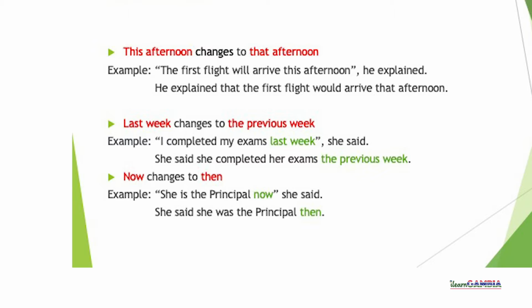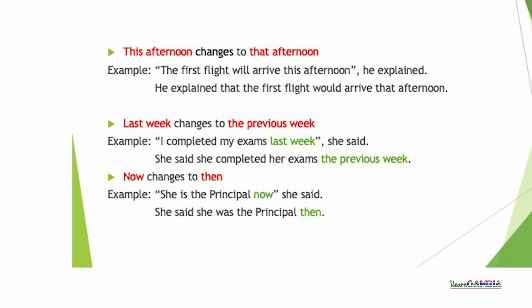Because this afternoon, when it is mentioned in a direct speech, it was because it was there at that moment. But now, it has passed, all right? That particular time is no longer valid. So you have to change it to that afternoon to show that it has already gone. It has already passed, okay? So this afternoon has to change to that afternoon.